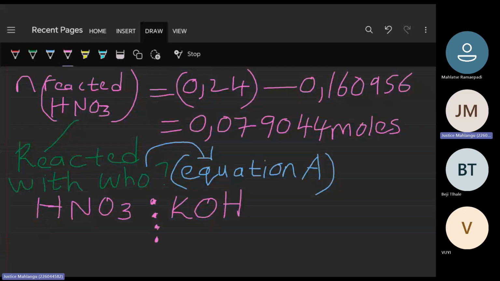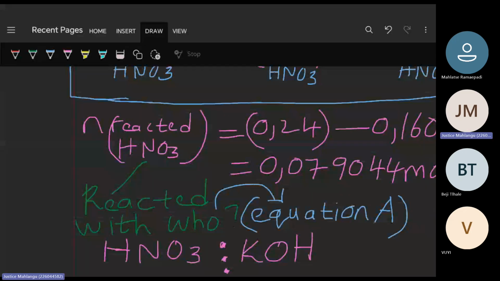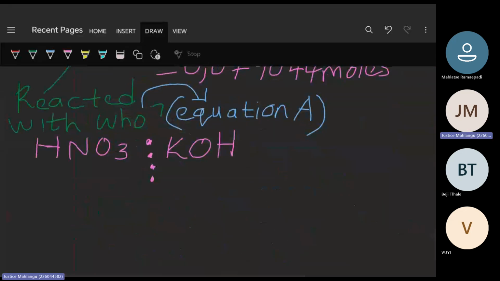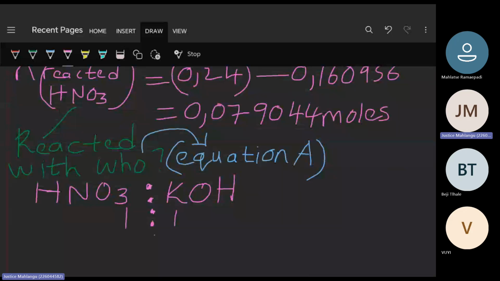You don't have to calculate the number of moles, but let's write it so that we don't lose any marks. Do we know the number of moles of the acid? Yes, it's 0.0944. We cross multiply now.